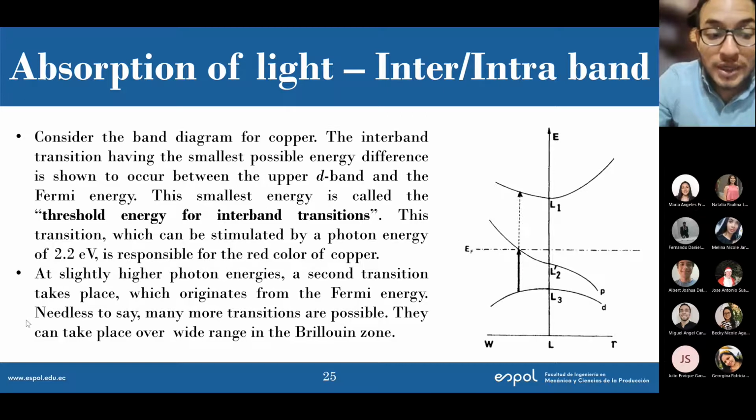Question for all of you: can I have a transition like this, guys? Is this possible? I would say yes, and it's needless to say that many other transitions are possible. Yes, but it wouldn't be useful, because exciting it from this level to this level makes no sense, right?